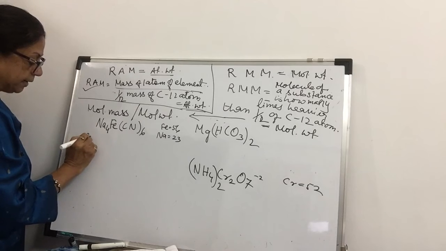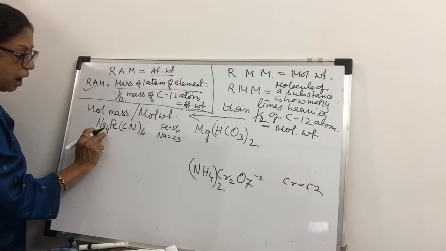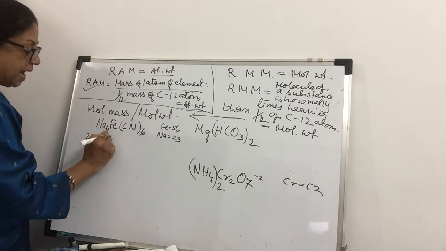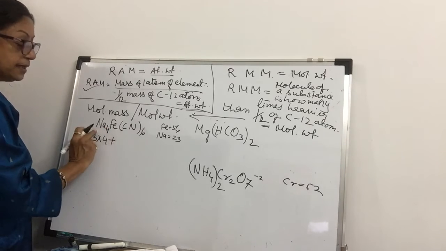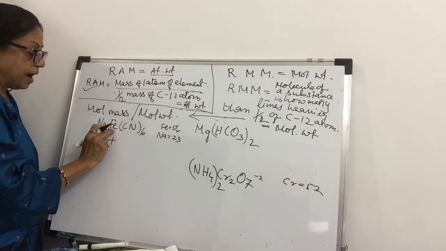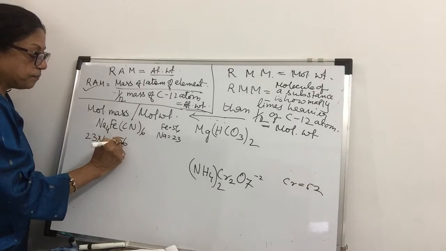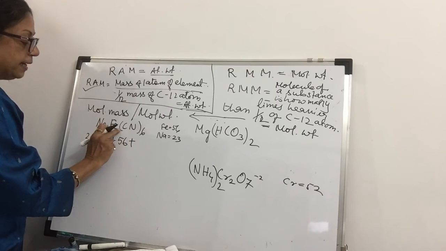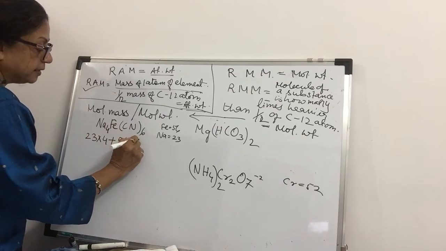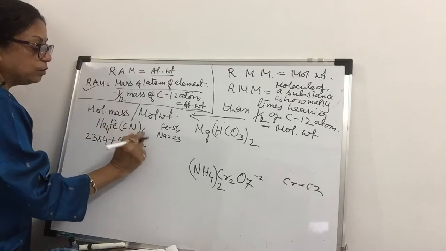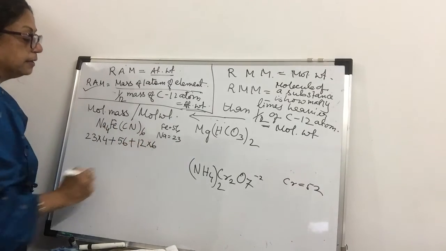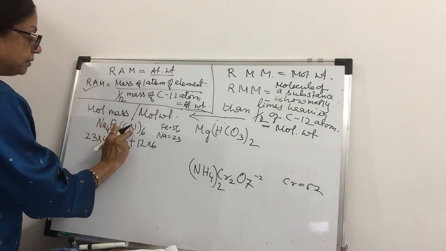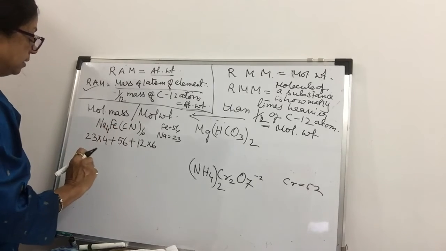Sodium is 23 into 4. How many atoms? 4. Then iron plus, here see plus I have put. So iron is 56. Plus again carbon is 12, but 12 into 6. Correct? Then comes nitrogen.